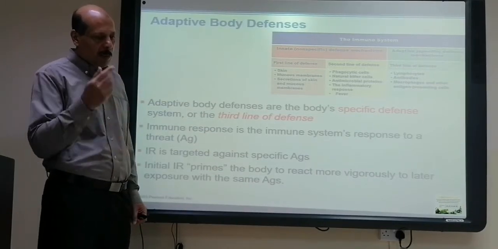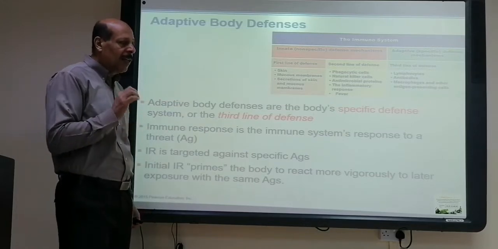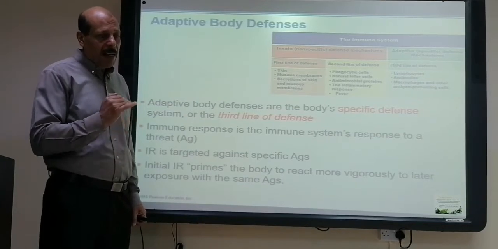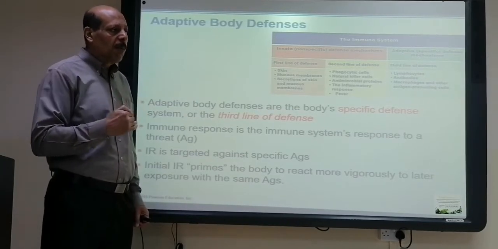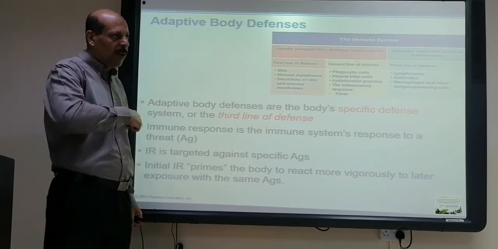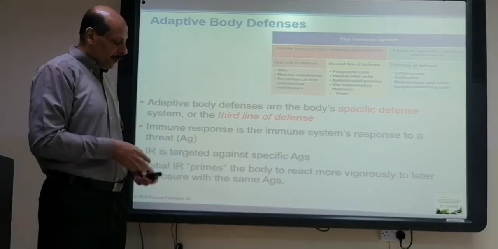But if we are exposed to another exposure of the same antigen, then the immune system will identify it fast, and it will produce more antibodies within a short period of time. So the peak of antibody production will be high.